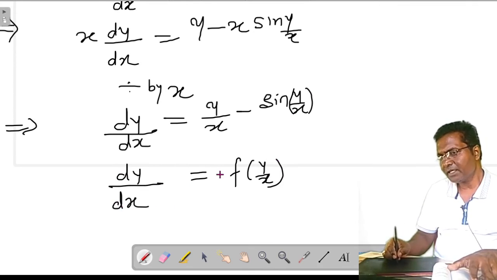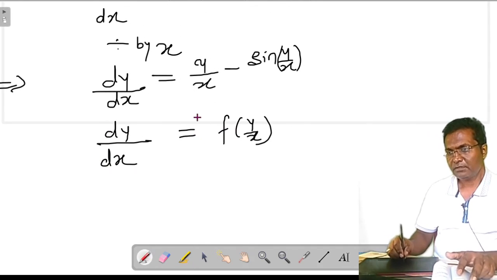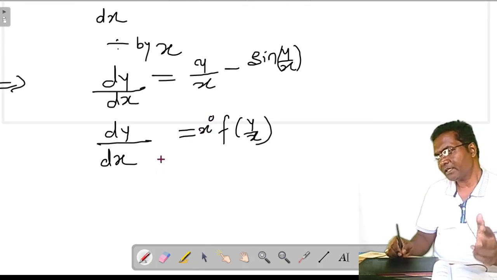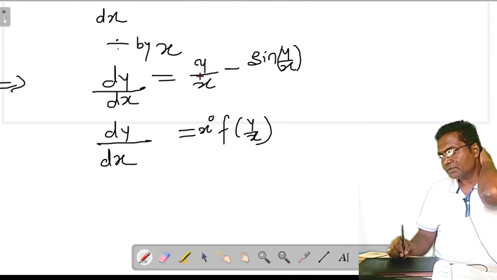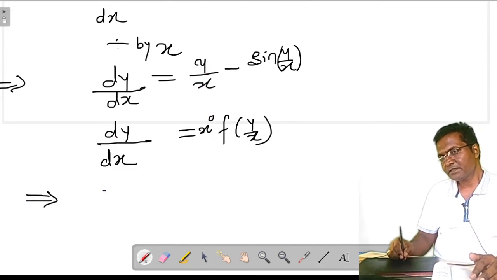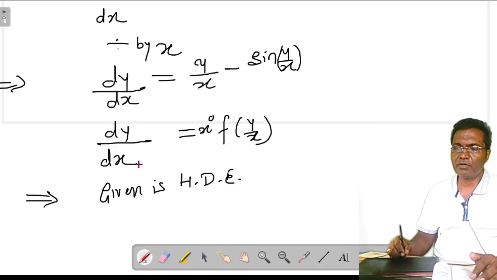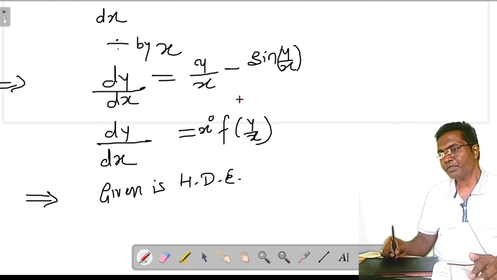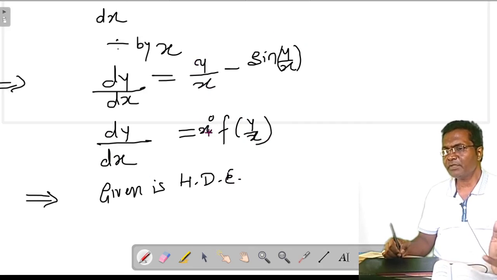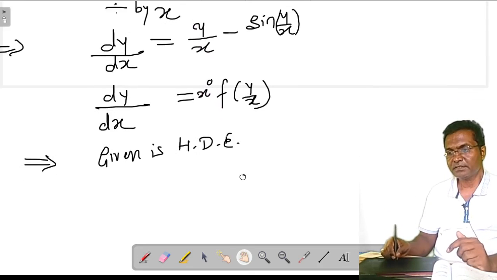And here you can write x power 0. X power is not there, means you can write x power 0. So the given is a homogeneous differential equation, because dy by dx is expressed in this form, f of y by x, meaning this full function. X power 0 means 1. To show it is in the standard form, I have written it.